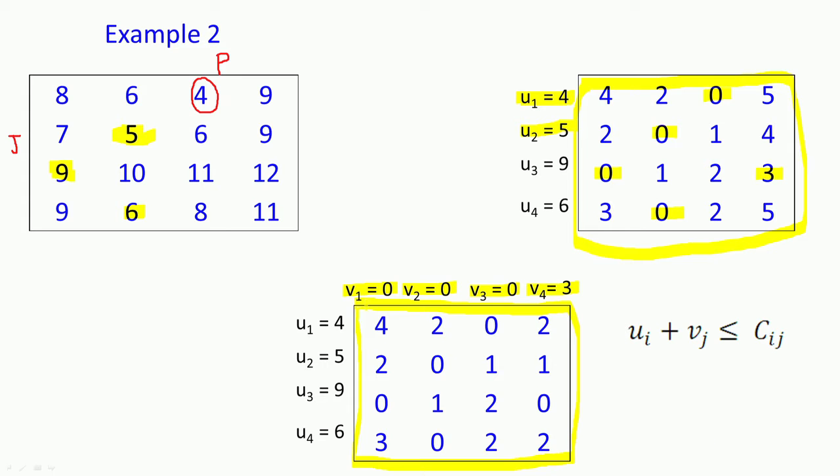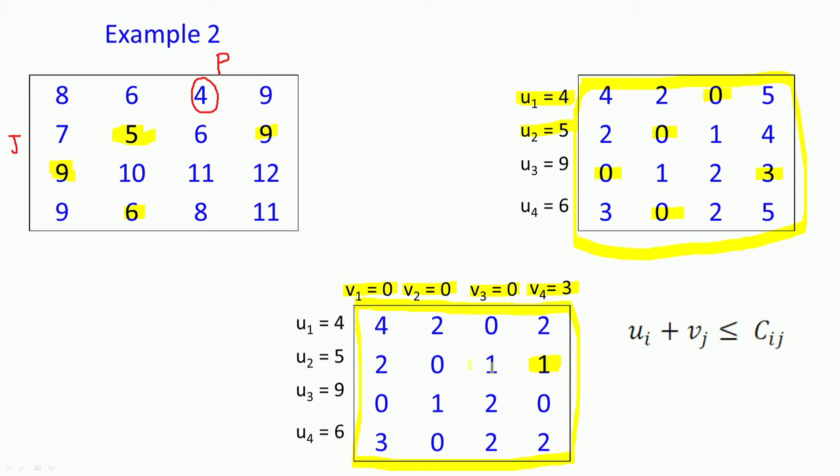Now, in this new matrix, if we take a typical element, say here, this 1 has come out of subtracting 5 at this level and subtracting 3 at this level. So, this 1 is nothing but 9 minus 5 minus 3.